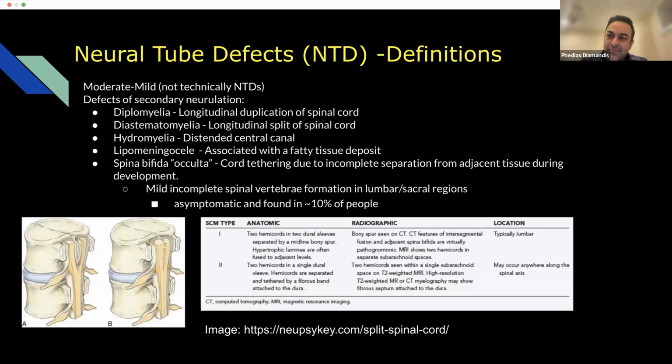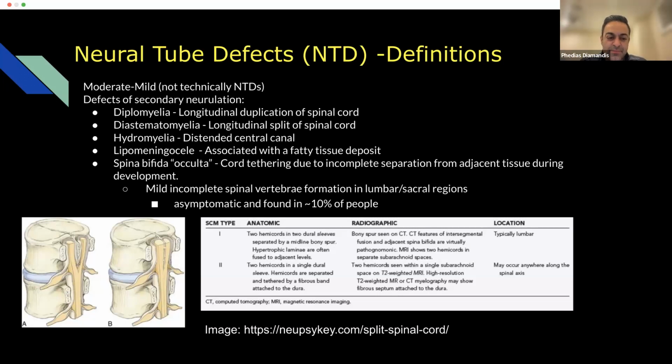Again, just thinking about some of the mechanisms, some of the definitions that we'll get to during the embryological component of this lecture. You can have defects of mesodermal development, where you have a bony spur that is pushing against the spinal cord and leads to its duplication.